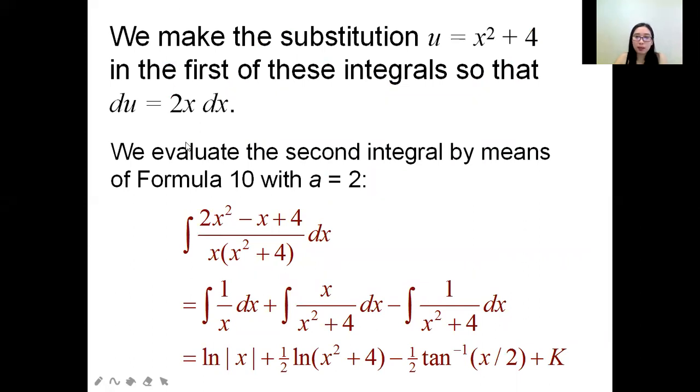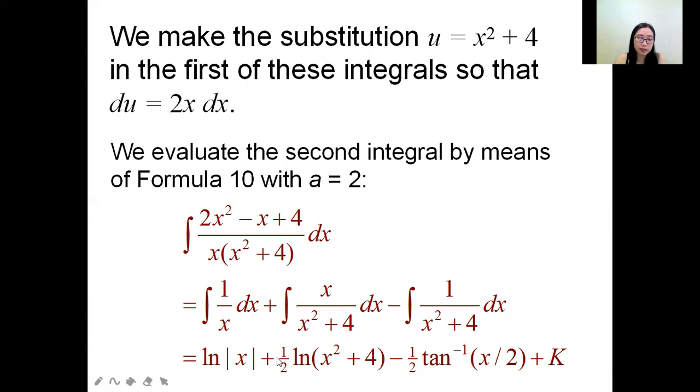So we make use of the chain rule for integration. We let u be equal to x squared plus 4 so that du is 2x dx. We evaluate the second integral by means of formula 10 with a equal to 2.